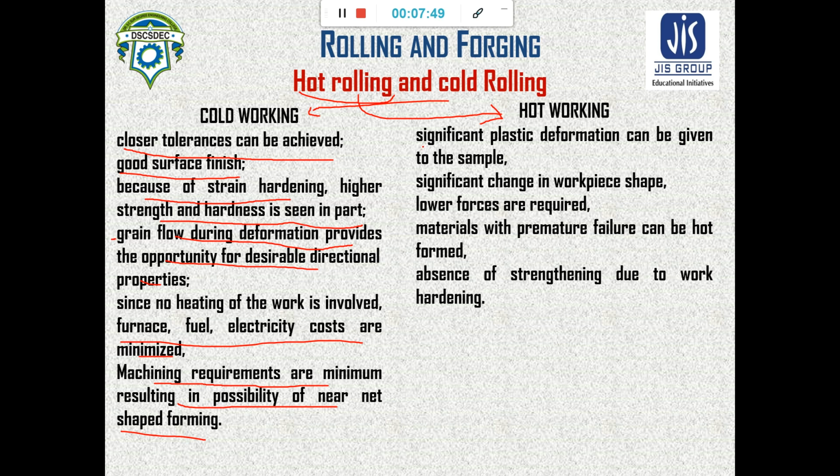The advantages are that significant plastic deformation can be given to the sample, significant change in workpiece shape, lower forces required, material with premature failure can be hot formed, and absence of strengthening due to work hardening. So these are the advantages.